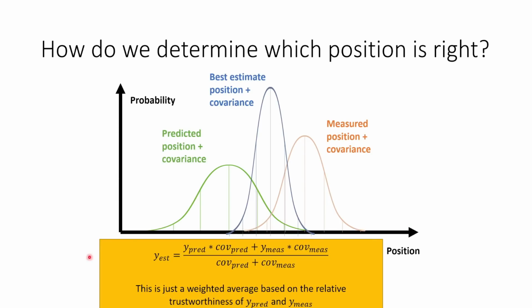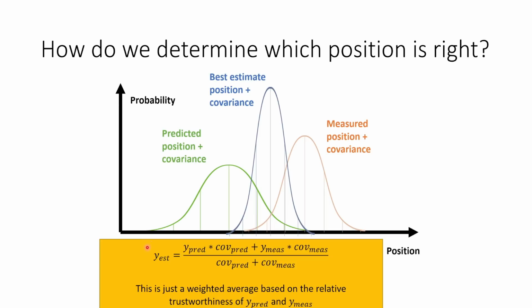If I stretch out that grey line and plot the predicted position and its uncertainty as a bell curve, and the measured position and its uncertainty as a second bell curve, then you can see that the estimate for the true position, or the best estimate for the position, is going to be somewhere in between the two, and it's going to be closer to the value with less uncertainty and further away from the value with more uncertainty.